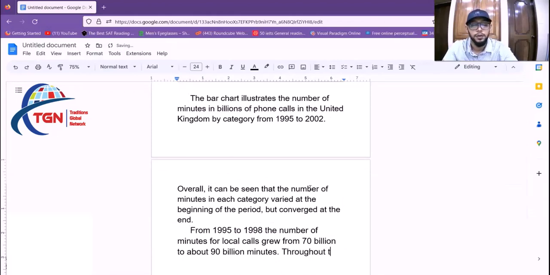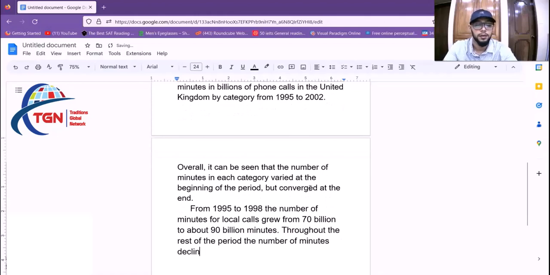Throughout the rest of the period, the number of minutes declined to about 70 billion, the original amount from 1995.